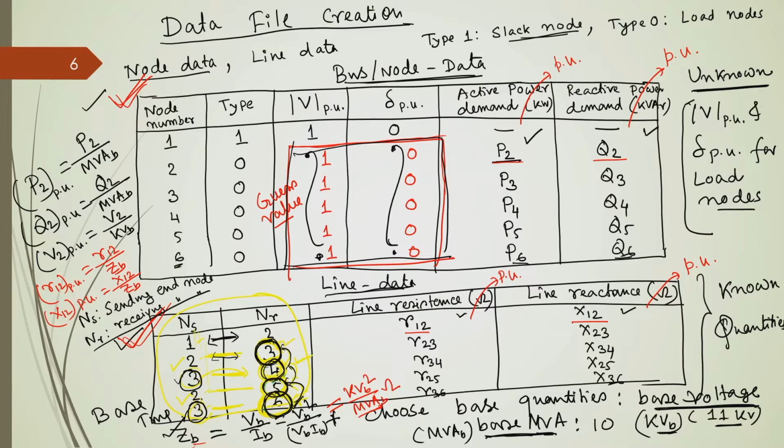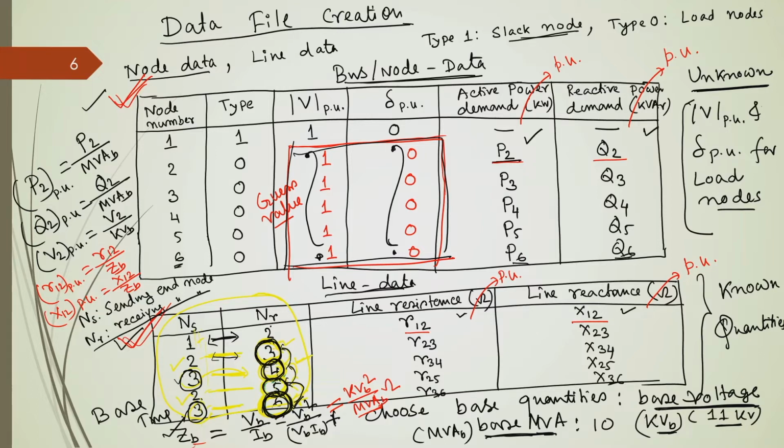You take the corresponding receiving end load demands, that is the load demand at node 4 and at node 6. Then again you check whether load 4 and load 6 appear in the sending end side. If they appear, then the corresponding receiving end load should be added. So you can compute the line current for the line connecting node 2 to node 3.